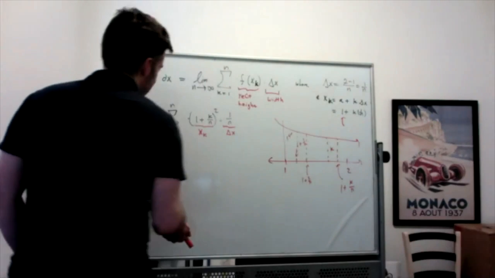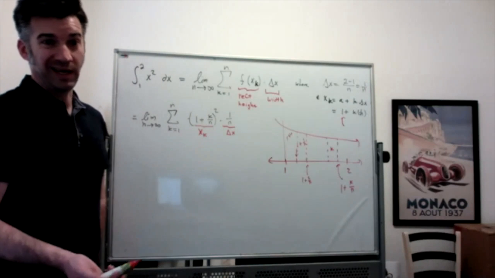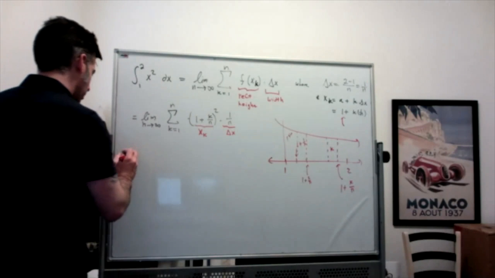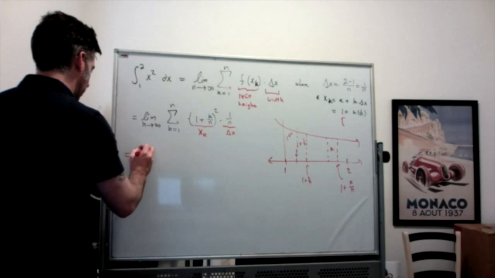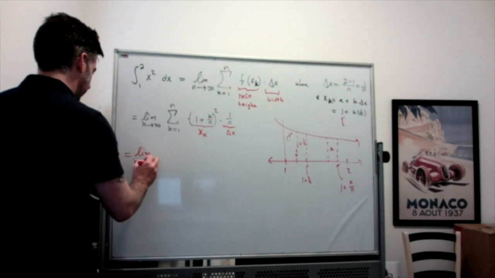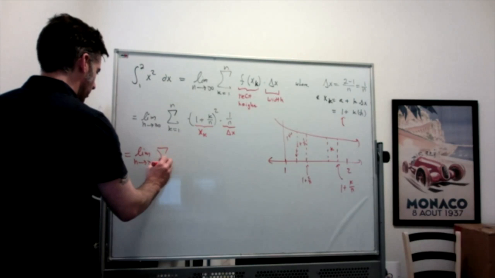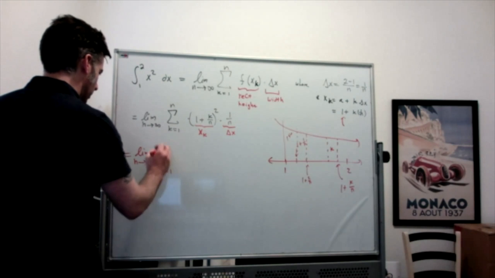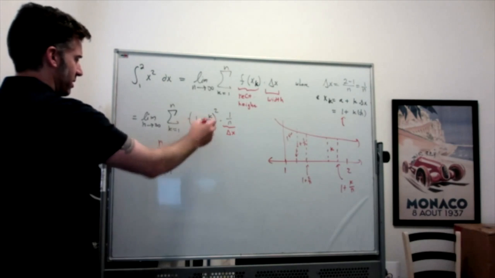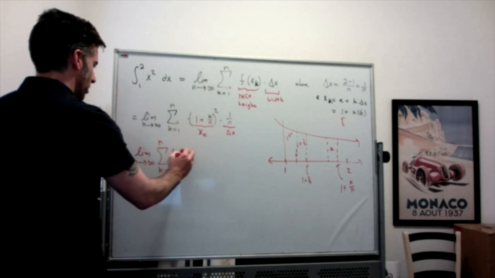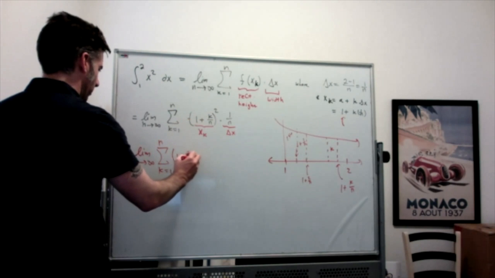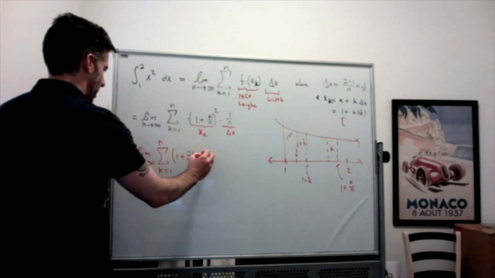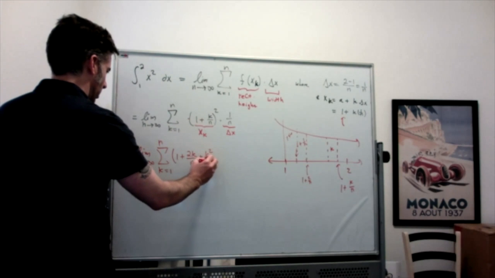All right. So then the rest of this is multiplying it out and applying the formulas. We're going to get the limit as n goes to infinity of the sum from k equals 1 to n. If you multiply this out, it's going to be 1 plus 2k over n plus k squared over n squared.